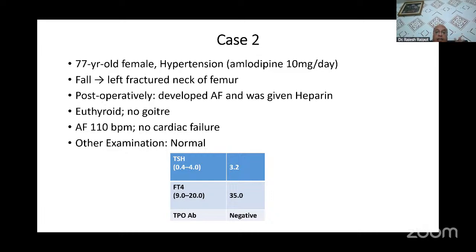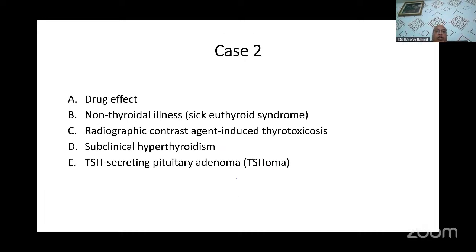Patient's thyroid function test was ordered in the hospital and TSH is found to be 3.2, which is in the normal range. Free T4 is found to be 35 with a normal range of 20, which means FT4 is elevated, and TPO is negative. So the question for the house is why this TFT is seen?